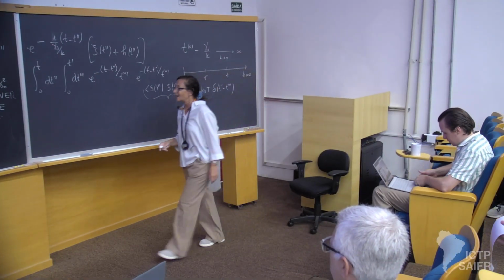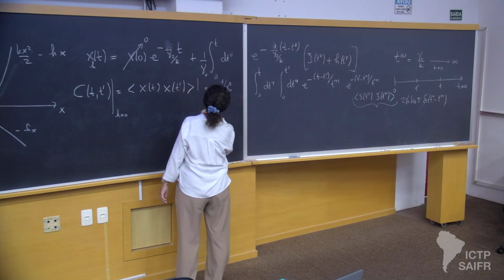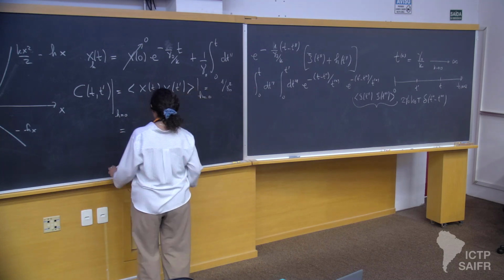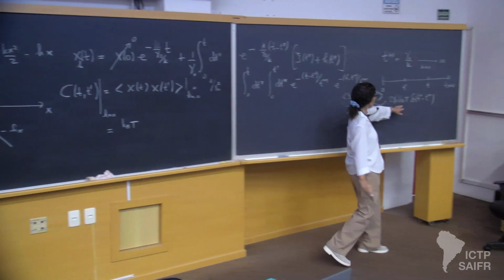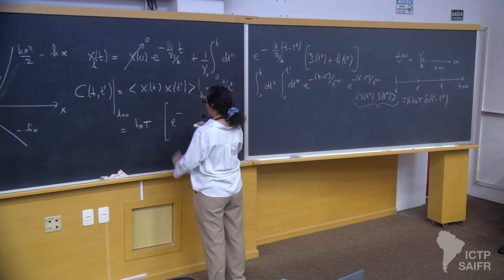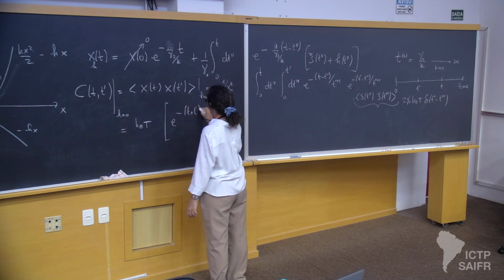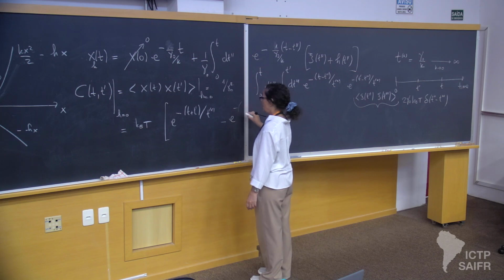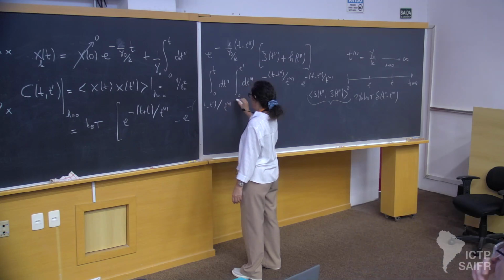You do the integral, and what you find is a result which will be proportional to kBT. You see, because it comes from here, the kBT. I will fix the prefactor later, because I don't remember it by heart. So you will have t plus t prime over t of x here minus e to the minus t minus t prime over t of x over there.